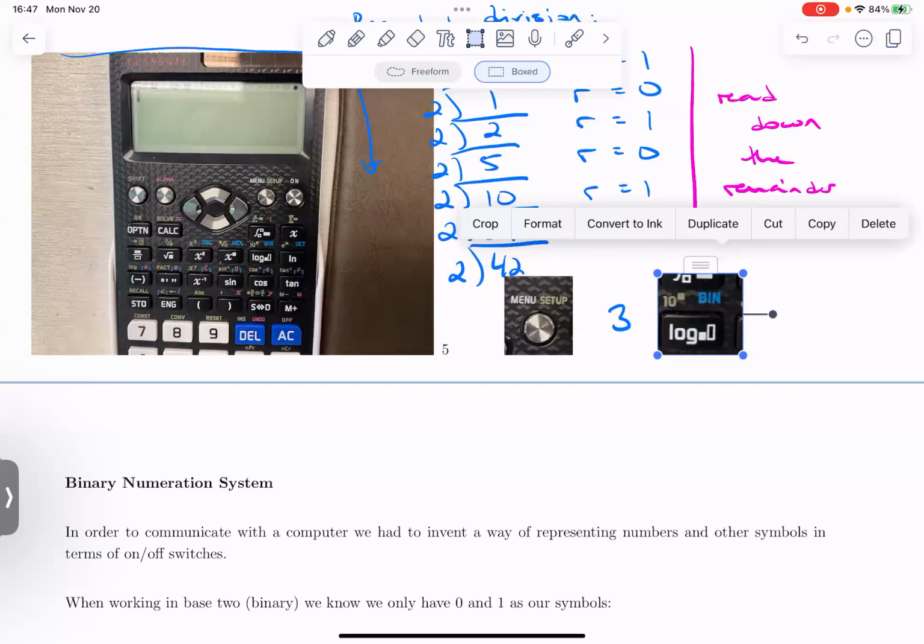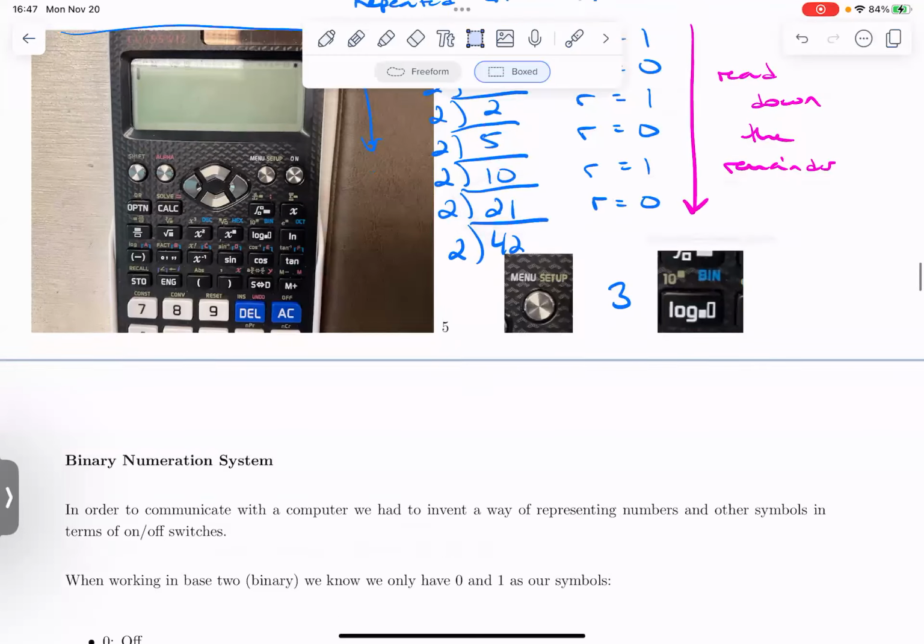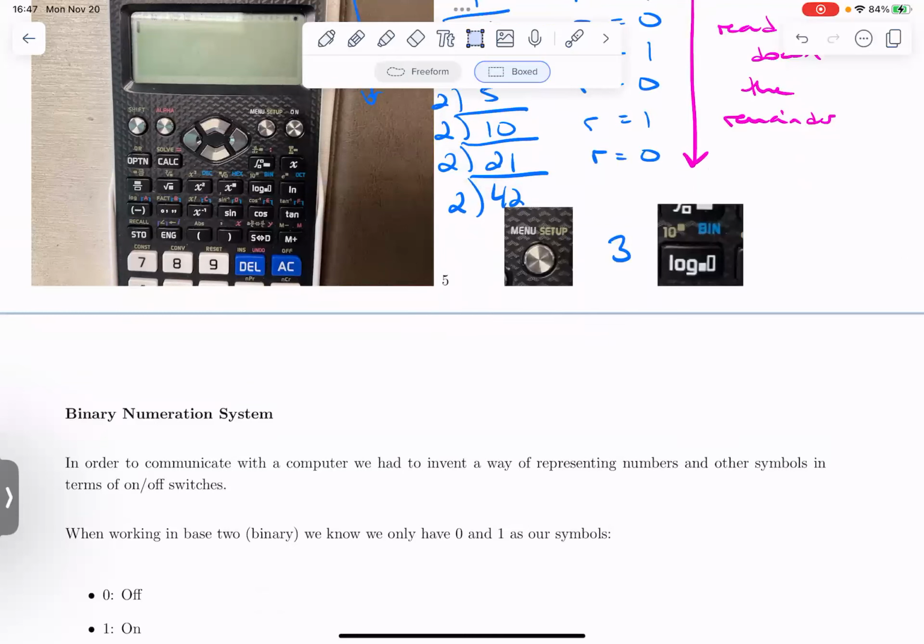So you type in 21, hit equals, and then you can just scroll through the 4 options. I'll show you what I have. So I press it. Now I'm stuck in that. Press menu setup. Now change it. Nice. Okay, now I want to get back.